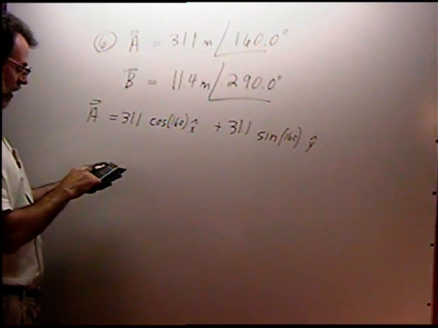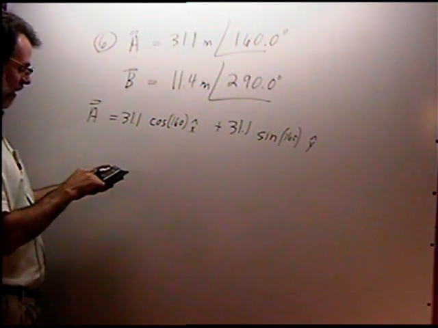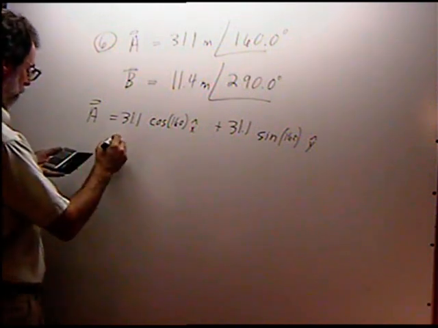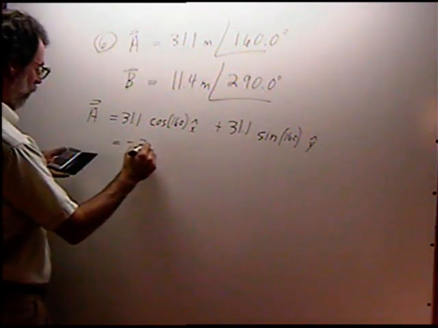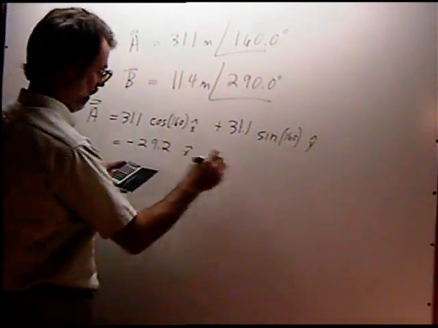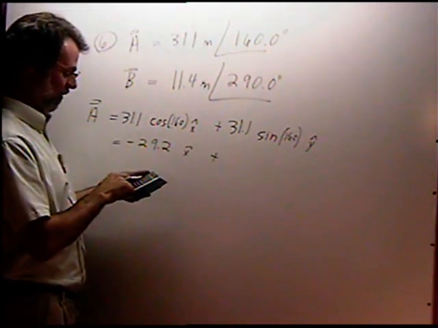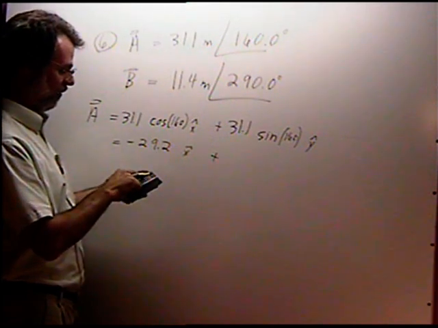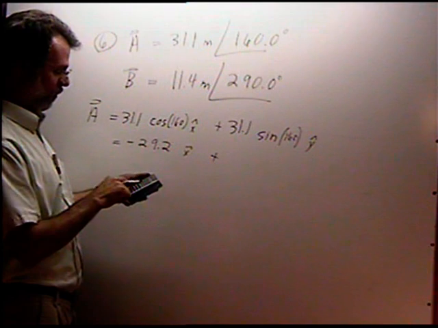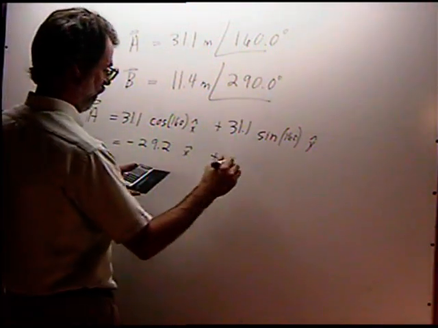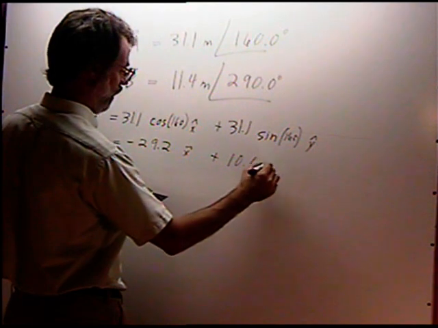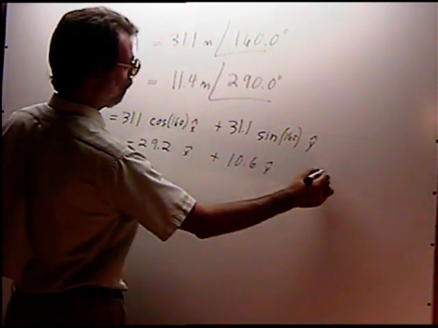So I would do cosine of 160 degrees times 31.1, and I get minus 29.2 in the X direction, plus sine of 160 degrees times 31.1, 10.6 in the Y direction. All of this is in units of meters.